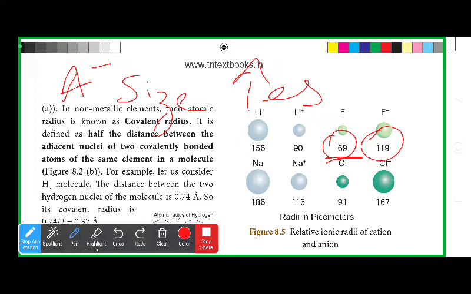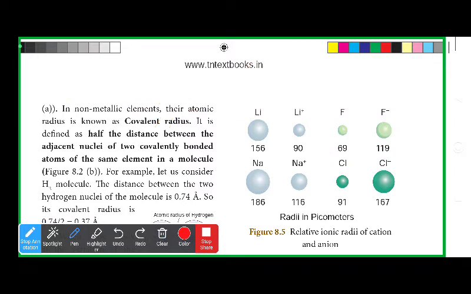So the size of the anion increases, the size of the cation decreases. Another example, sodium is 186, whereas sodium ion is 116. Chlorine is 91, whereas chloride Cl minus is 167 picometers.